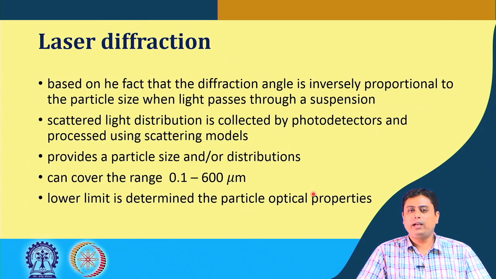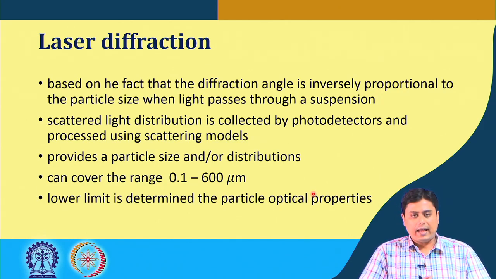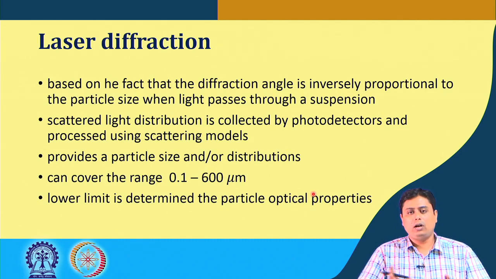If the particle optical property does not change for your particle, you can even go beyond that particle size, but in some cases even a 0.1 micron particle and, let us say, a 1 micron particle will have different optical properties. So, in that case you cannot go beyond the limit after which the optical property of that particle changes.